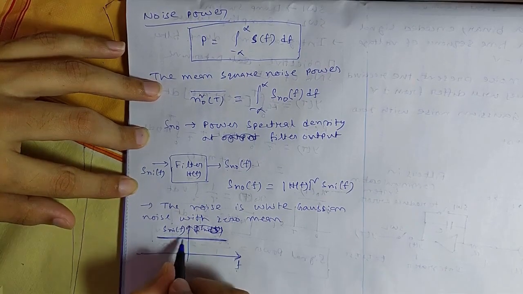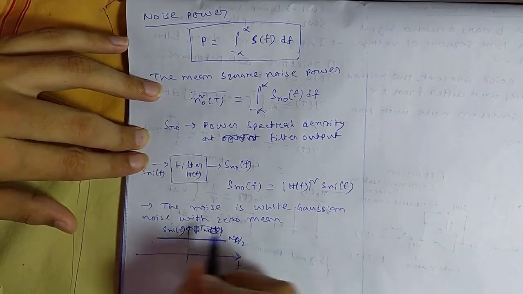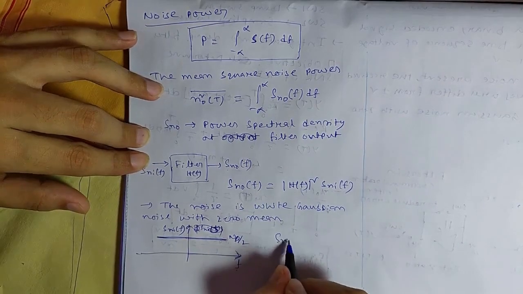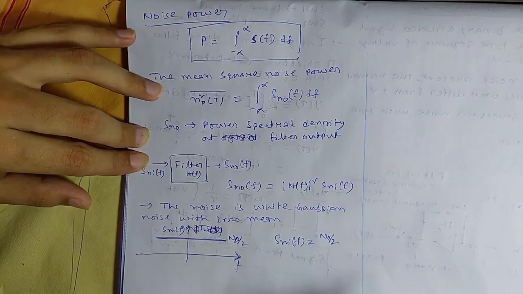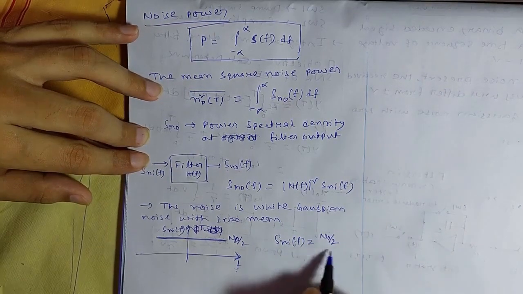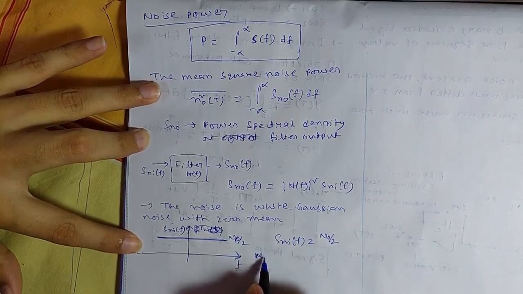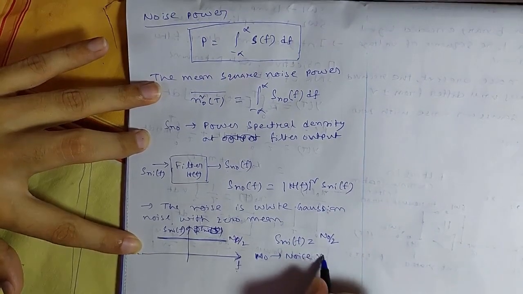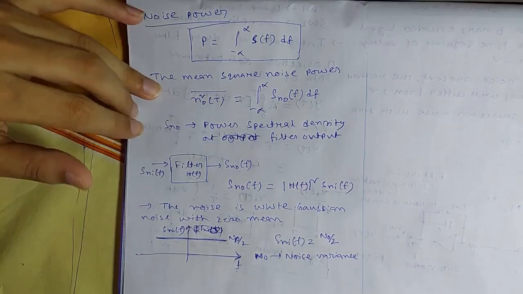So for white Gaussian noise, S_Ni(f) equals N0 by 2 for all frequencies. It is constant for all frequencies, and the value is N0 by 2, where N0 is the noise variance.